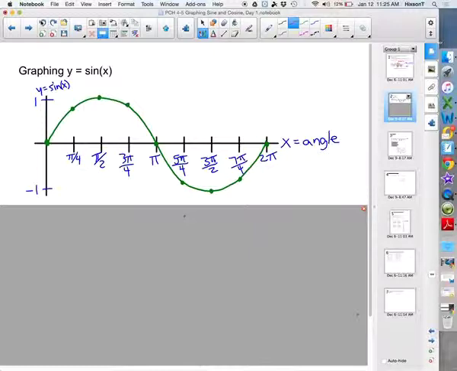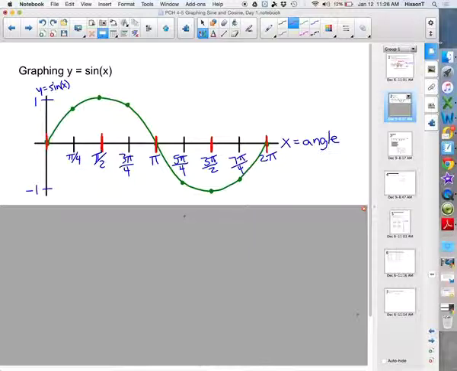When we're either up at 1 or at 0 or down at -1 is where our quadrants break. On the x-axis, that's going to be here at pi over 2, at pi, at 3 pi over 2, and at 2 pi.